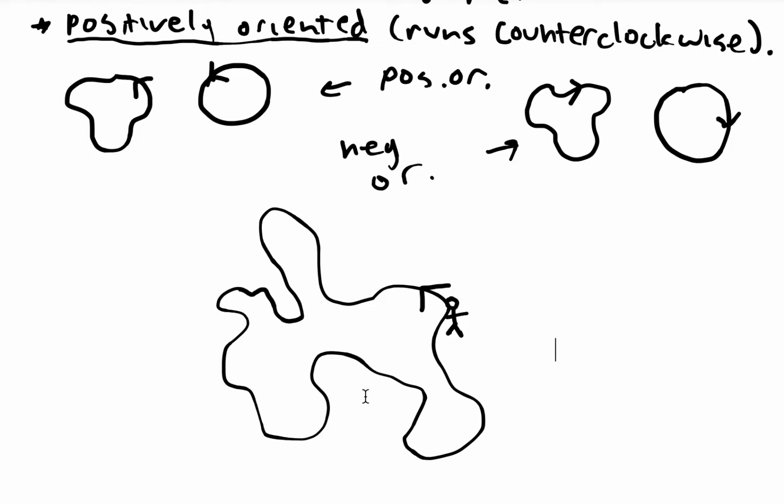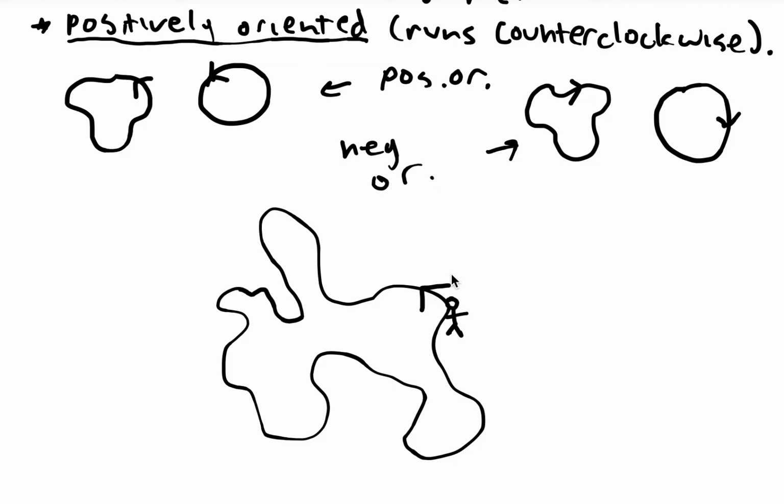If you are walking around this enclosed region by this fence, following the direction of the curve, this thing is going to be positively oriented if you can trace that fence touching it with your left hand while walking around.